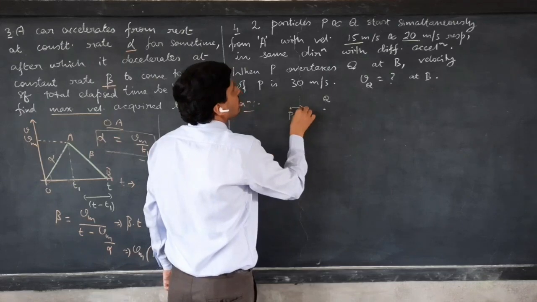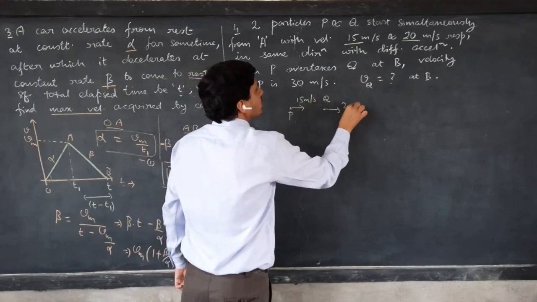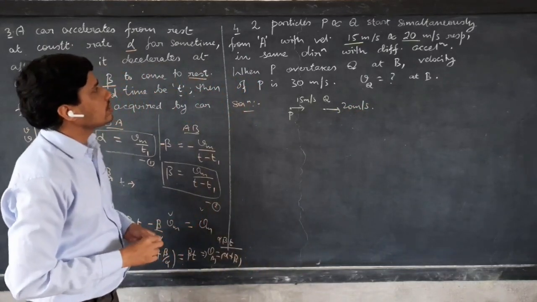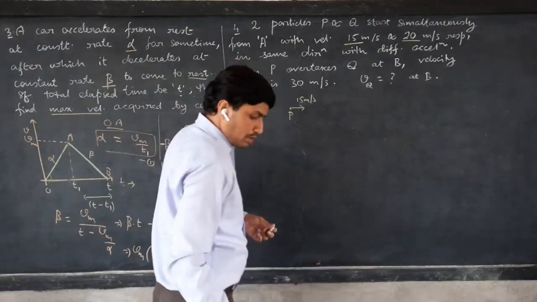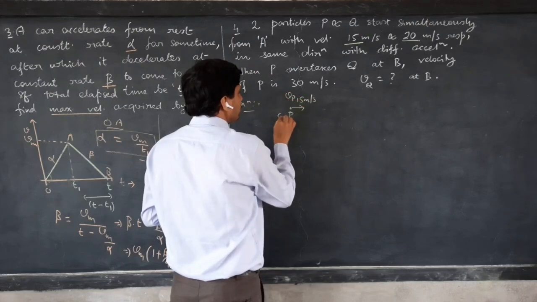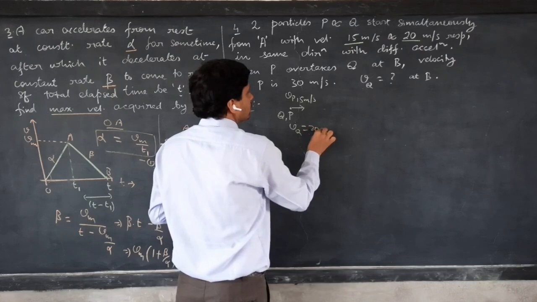So P has a velocity of 15 meters per second, Q has a velocity of 20 meters per second, and they start together from the same point. So this is Vp and Vq is 20 meters per second.